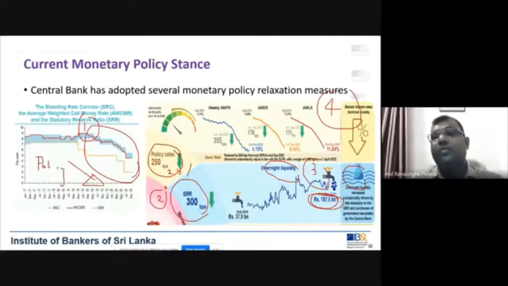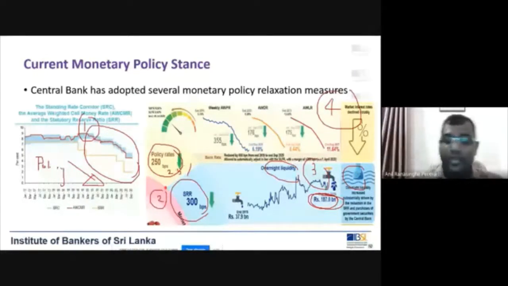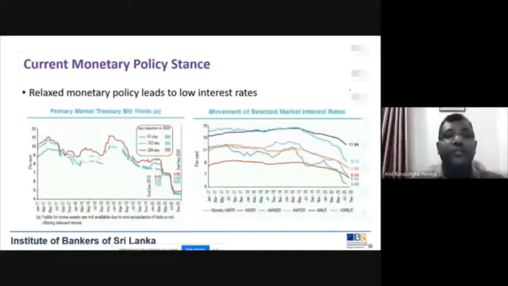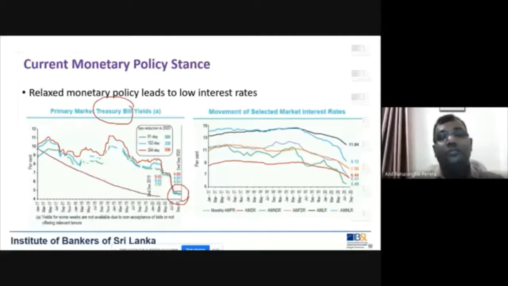Now what we see, interest rates have come down drastically. Interest rates are at very low levels in the economy. If you look at this chart, the first line is treasury bill rates. Treasury bill rates are around 4-5%, historically low, from 10% to around 4.4%.